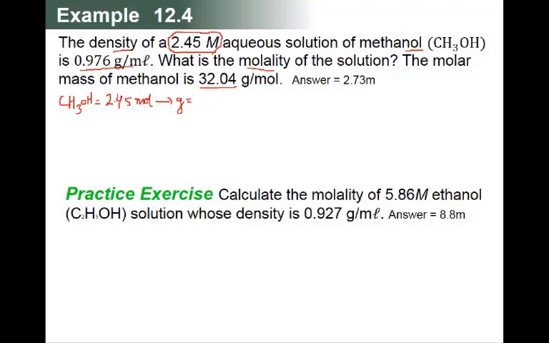Now mole multiplied by molar mass. Moles are 2.45 given, and molar mass is also given 32.04, so that will be equal to 78.45. So this gives you the gram of methanol.